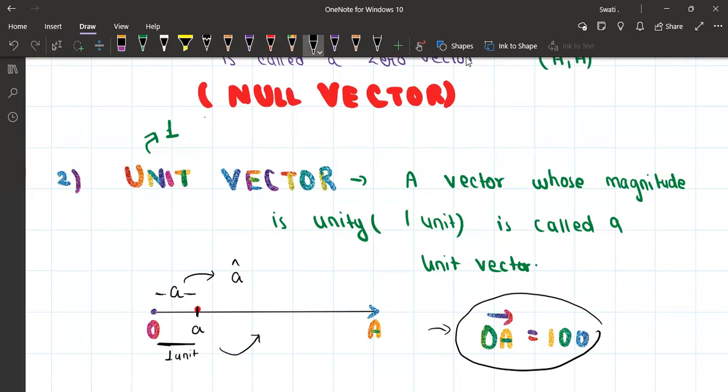So we represent it by a cap, and its magnitude is going to be 1.